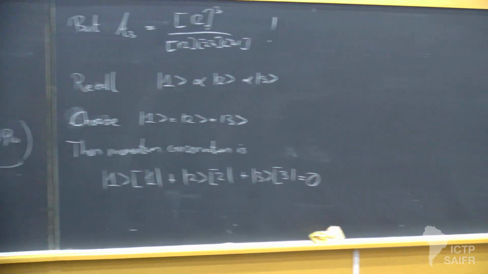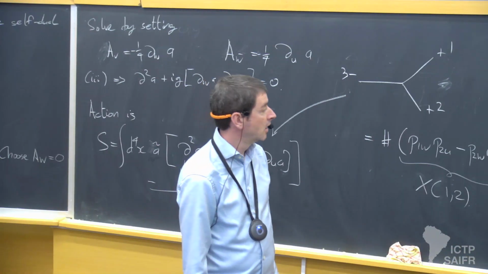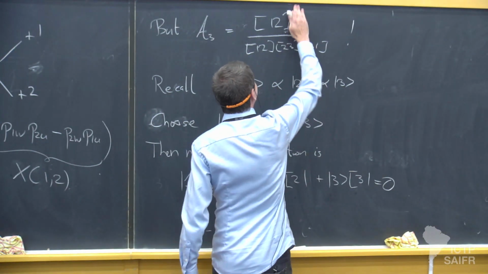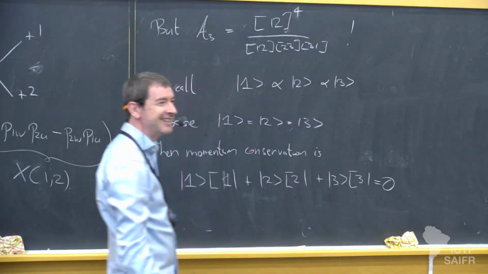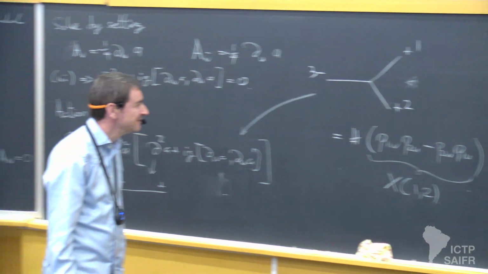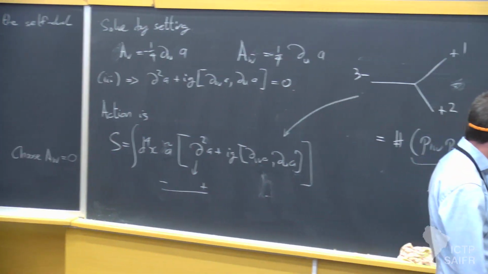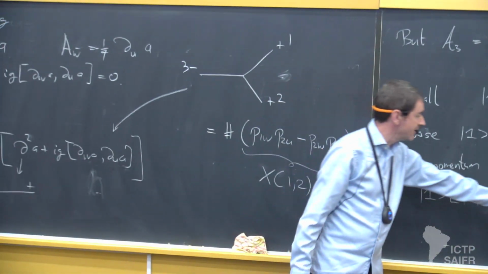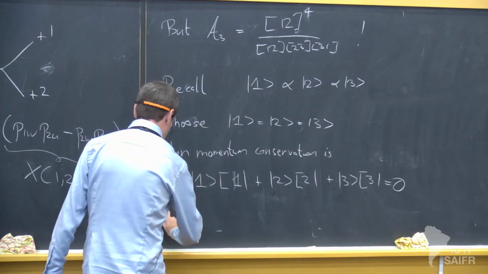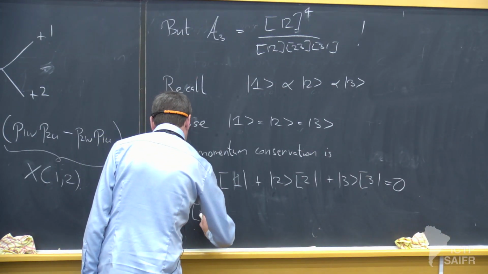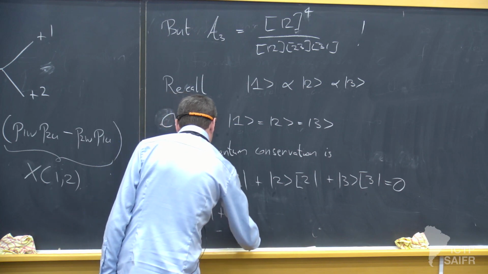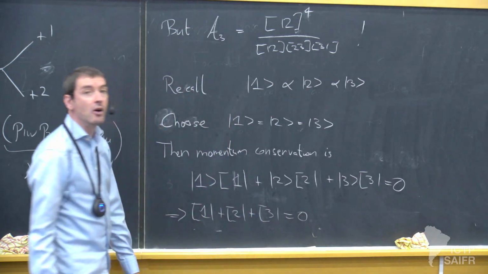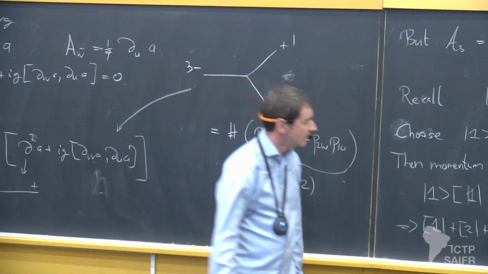Right, so that's momentum conservation. Power 4, yes, sorry. Okay, now since I've set these spinors equal, this equation implies that the tilde spinors sum to 0.